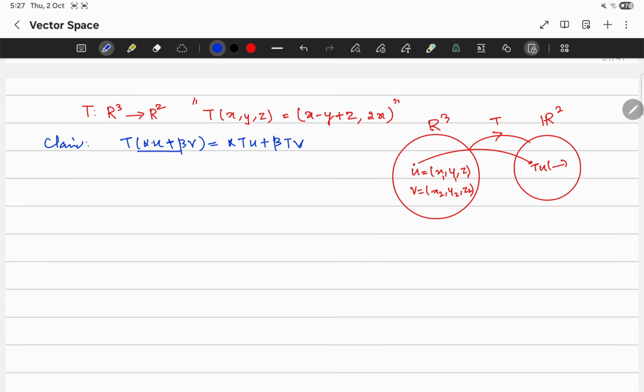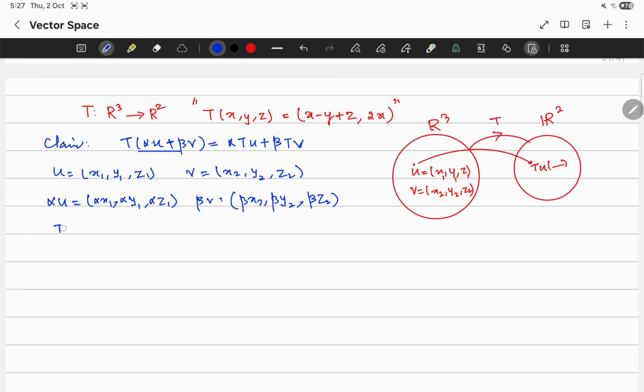So now check the LHS. Here your u is (x1, y1, z1). Your v is (x2, y2, z2). So alpha u will be (alpha x1, alpha y1, alpha z1), and beta v will be (beta x2, beta y2, beta z2).